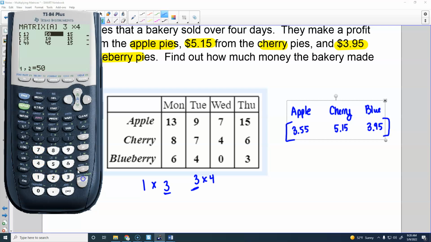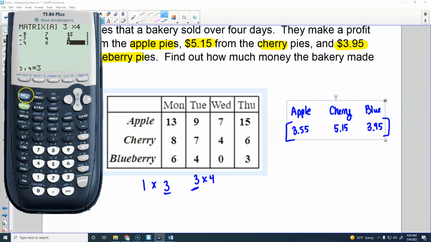And so I've got 13. Okay, so I think I've got everything into that matrix correctly.